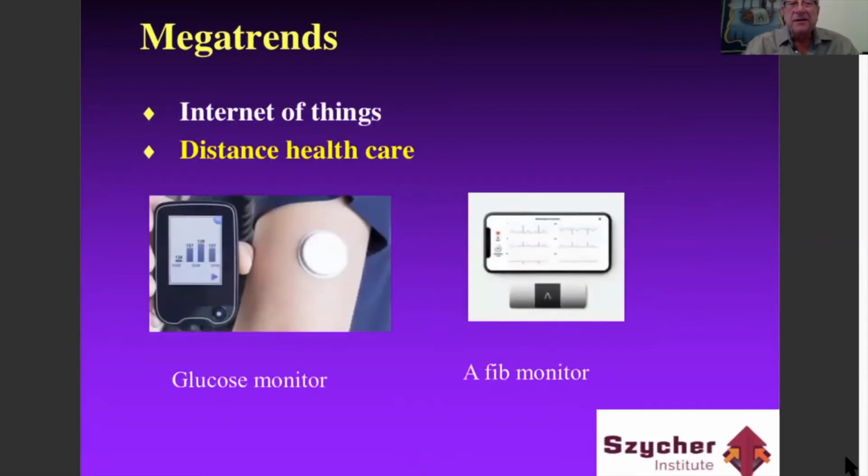Let's take a look at distance healthcare, and I'm going to spend some time in here. We already have a number of products which qualify as distance healthcare. One is a continuous glucose monitor. It takes the information about the amount of glucose that is circulating in your blood, stores it in a device, and sends it to your healthcare provider.